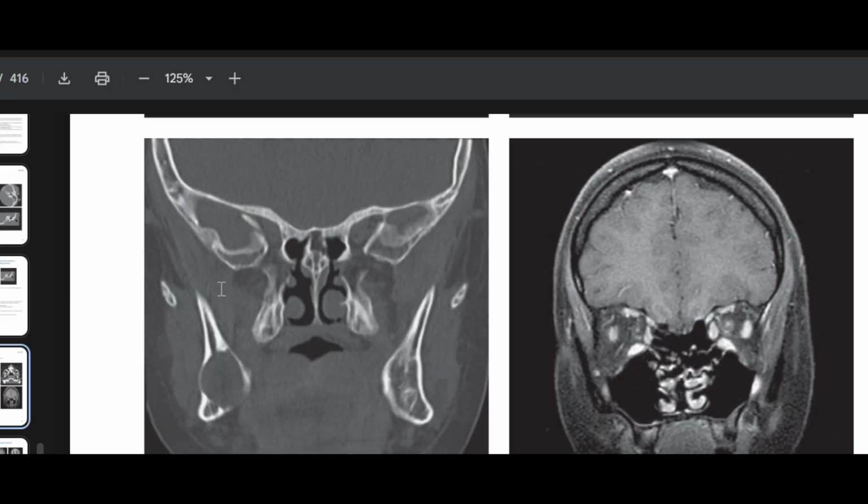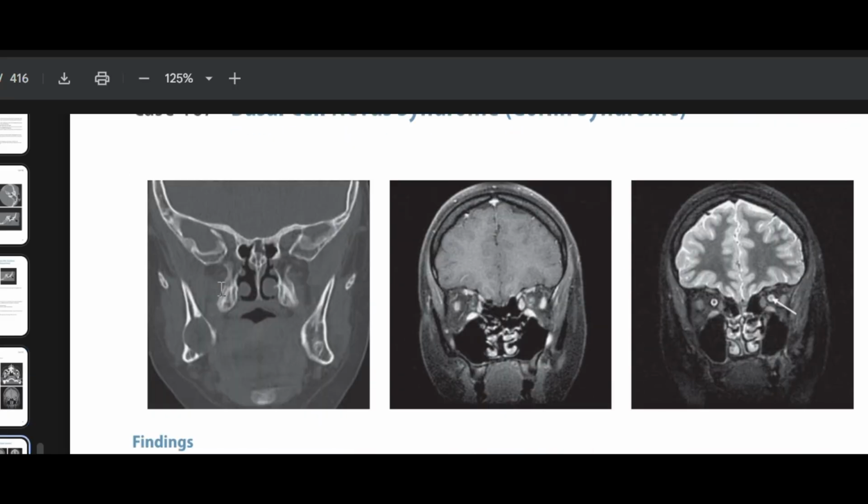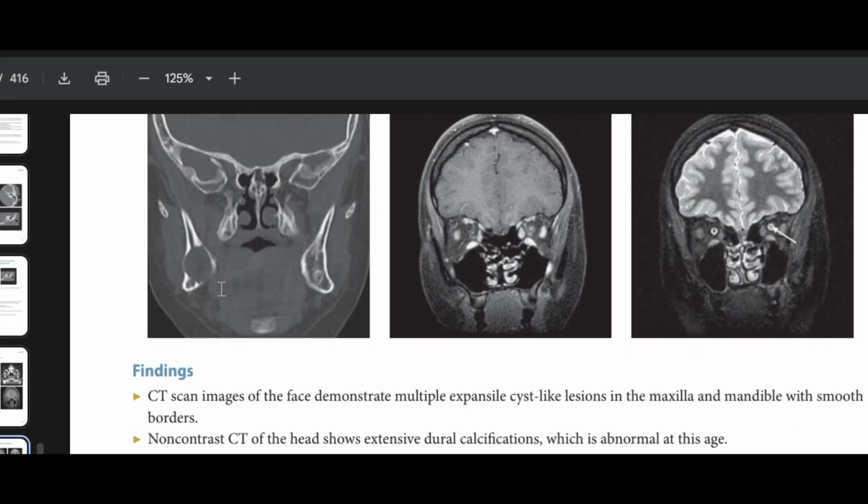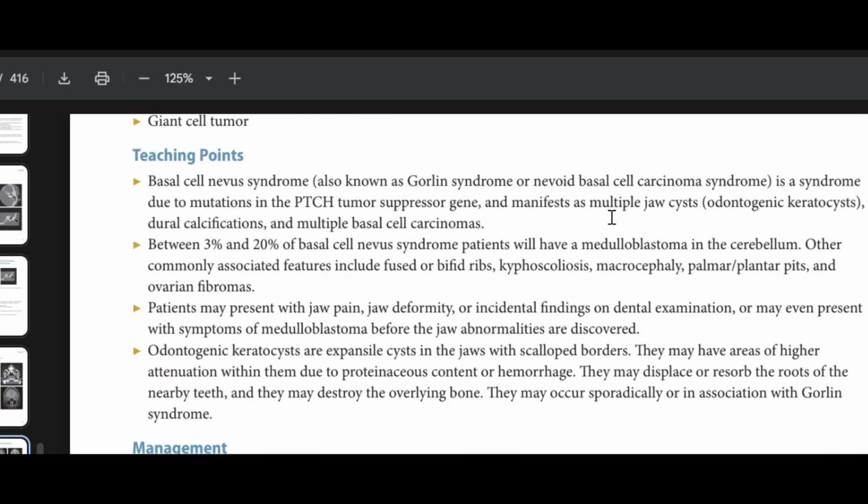Maxillary odontogenic keratocysts. This is associated with dural calcifications and multiple basal cell carcinomas. So, skin lesions, mandibular lesions, and the dural calcification equal basal cell nevus syndrome.